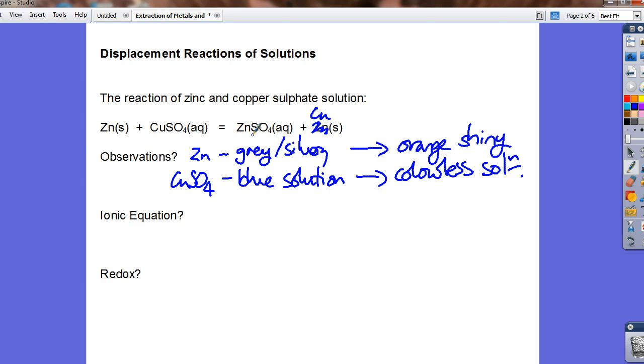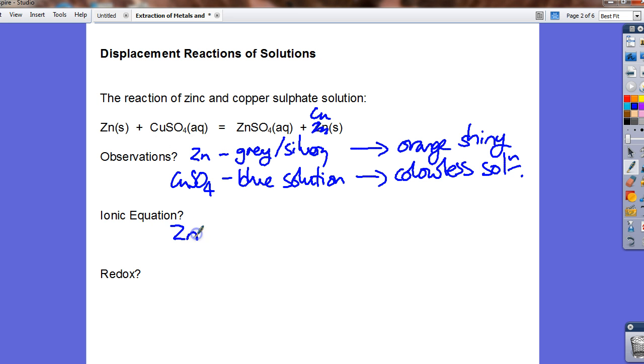The ionic equation for this, well, that's a little bit more difficult, but if we look at the sulfate in here, the sulfate doesn't really do anything. It's the same on the left as on the right. It's still floating around in aqueous solution. However, our zinc changes.